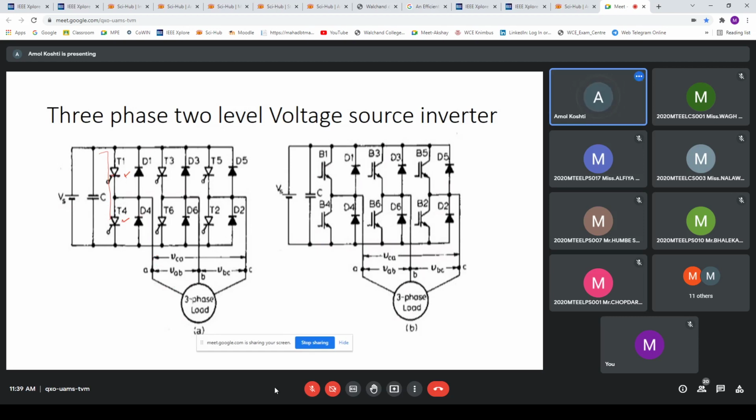So in a two level inverter, never are two switches from the same leg turned on simultaneously. One switch from the first leg and the remaining switches from the other legs. No two switches from the same leg are turned on simultaneously, and neither are two switches from the same leg turned off simultaneously.